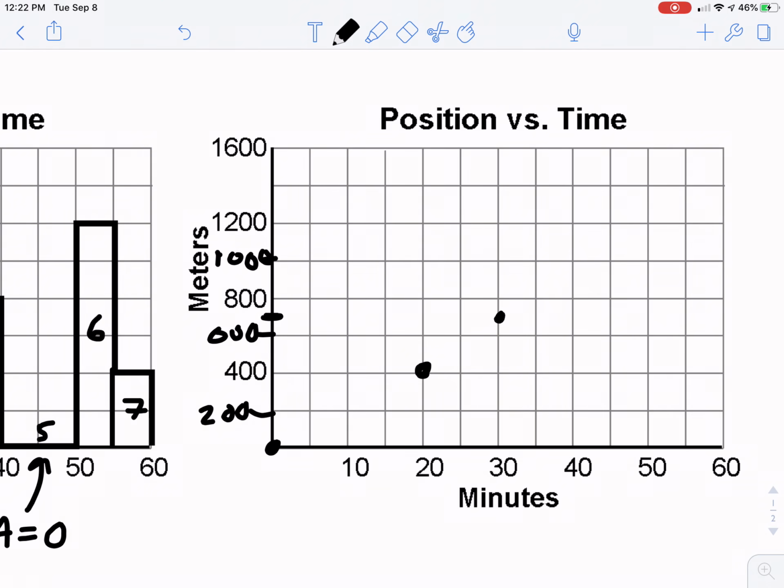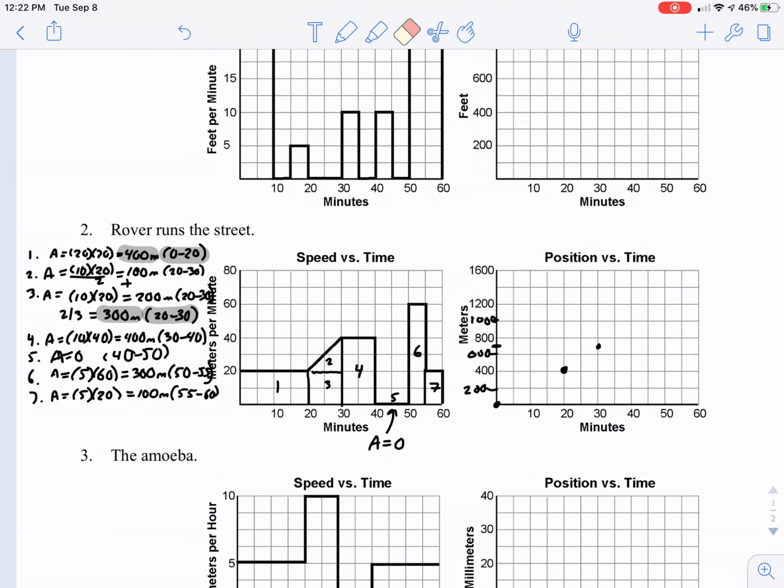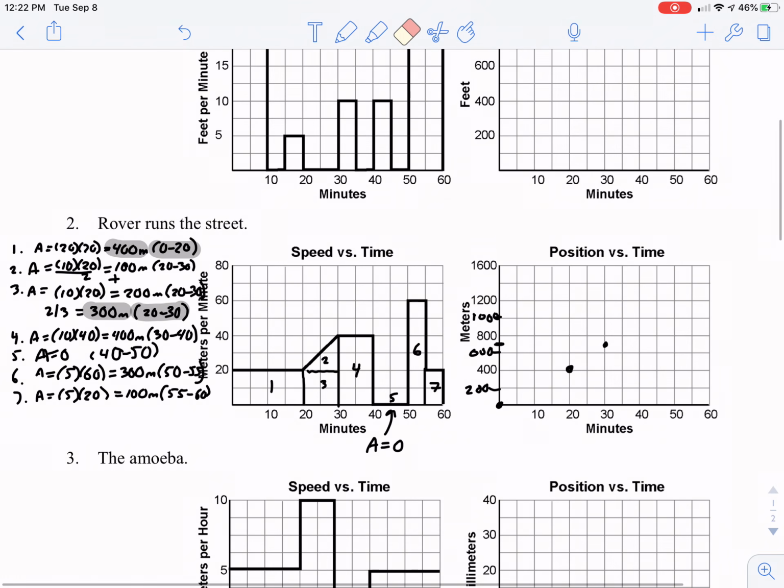So we're up here at 700, right? We go over 10 more minutes, and now we're plotting 300 more, right? From 400 to 700 is 300 more, and we plot our dot. Notice your graph should be going up, up, up, up the entire time. For a speed time graph, anyway.